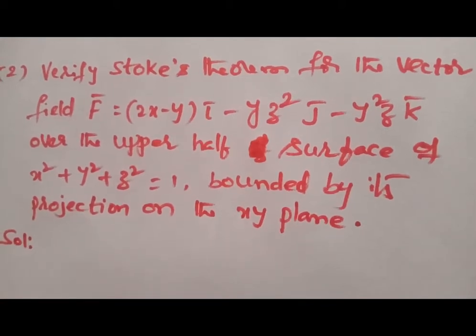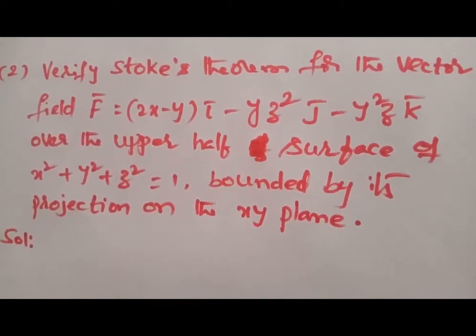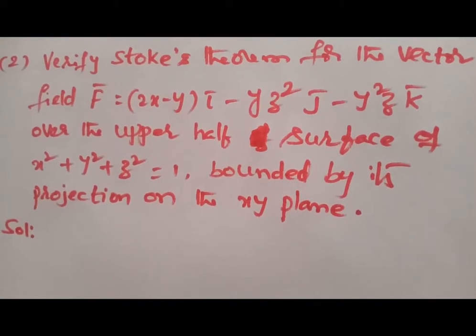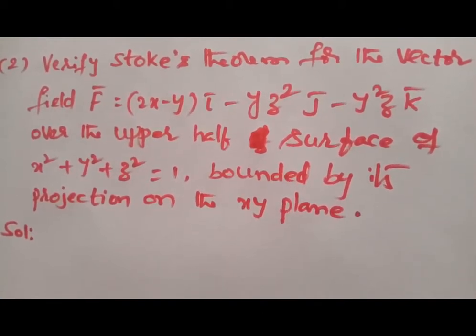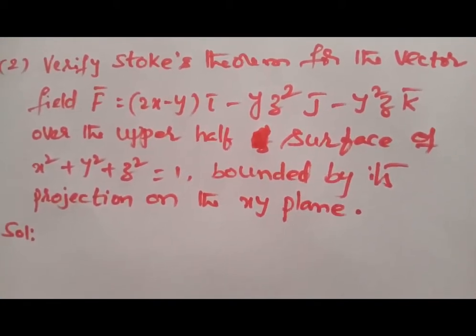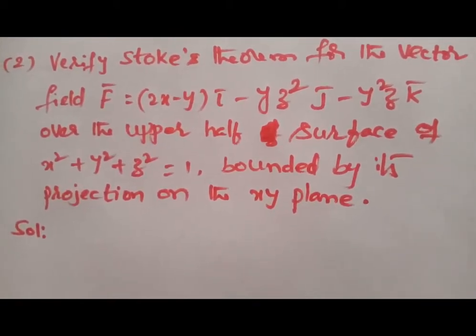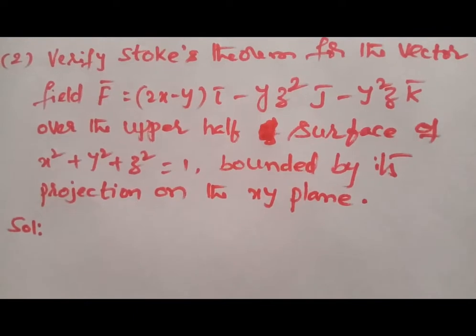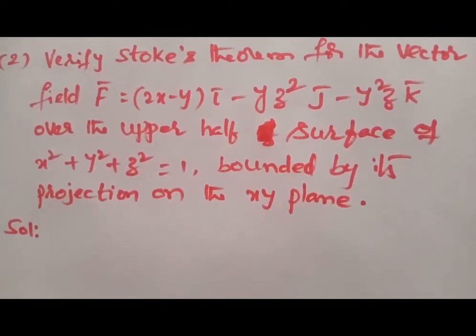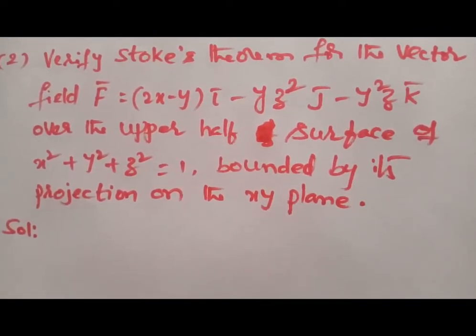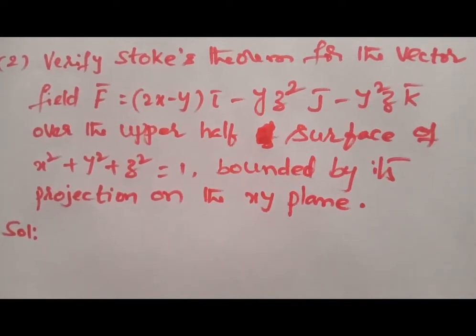Solution. Here we verify Stokes theorem for the function F bar is equal to (2x minus y) i bar minus y z square j bar minus y square z k bar over the upper half surface of x square plus y square plus z square is equal to 1.